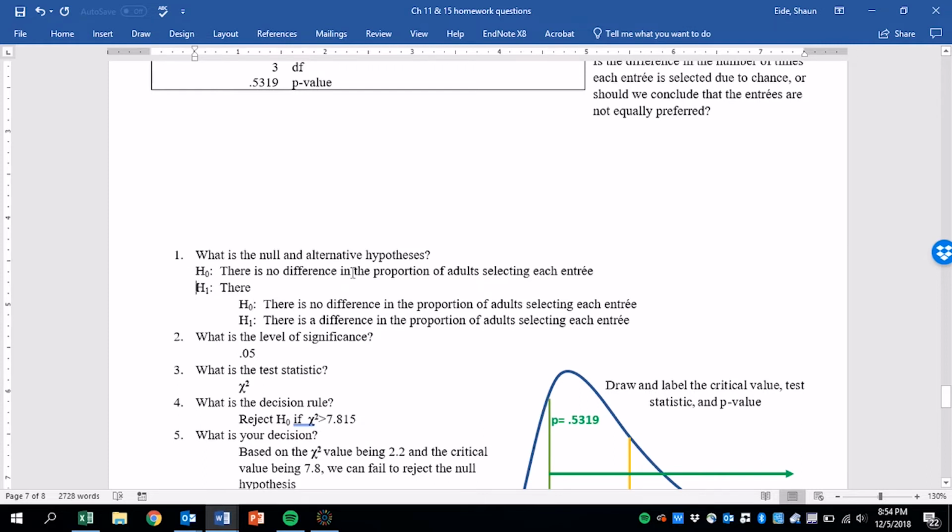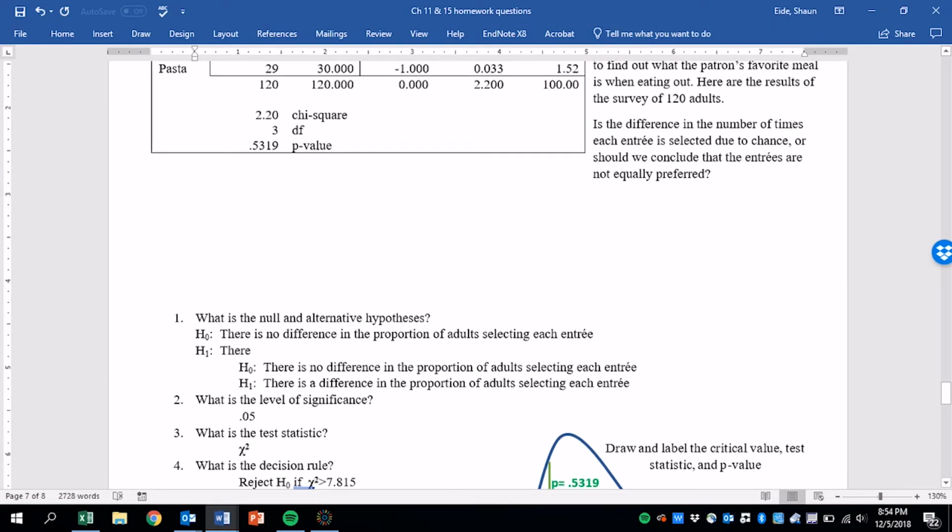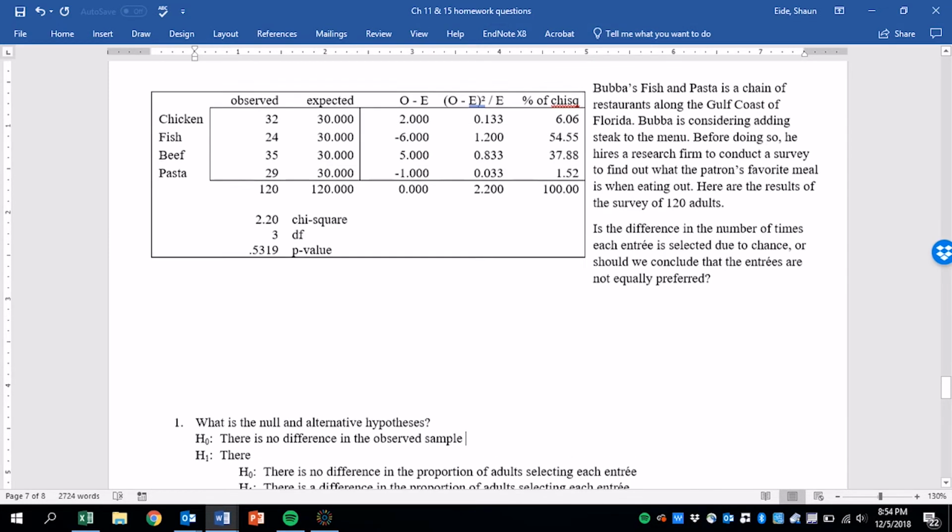You could write this: there is no difference between the observed sample's preference of entree and expected preference of entree.